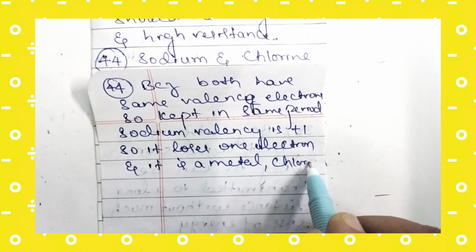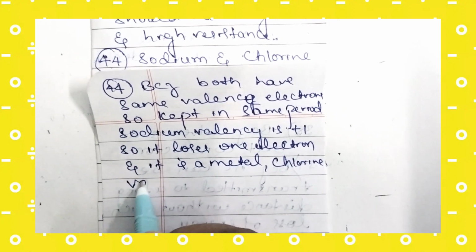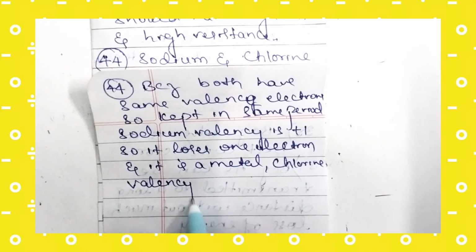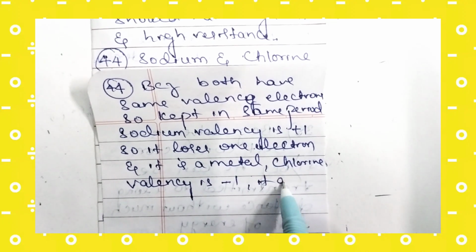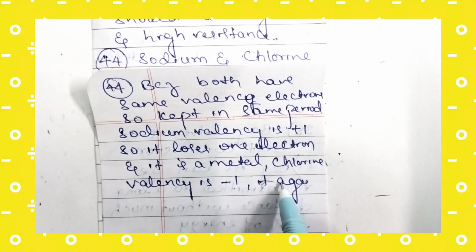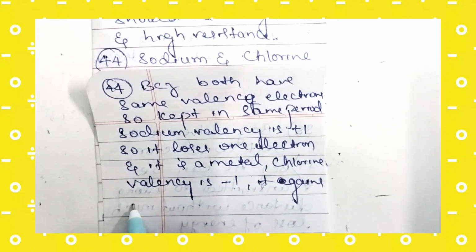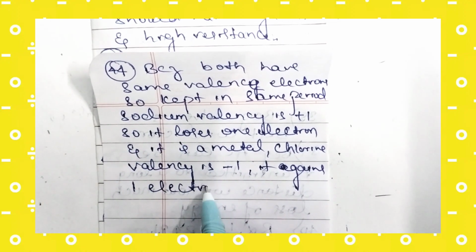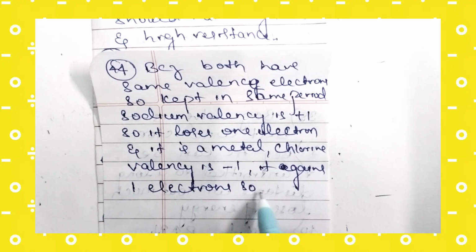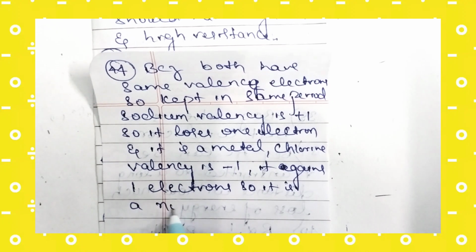Chlorine valency is -1. It gains 1 electron. So it is a non-metal.